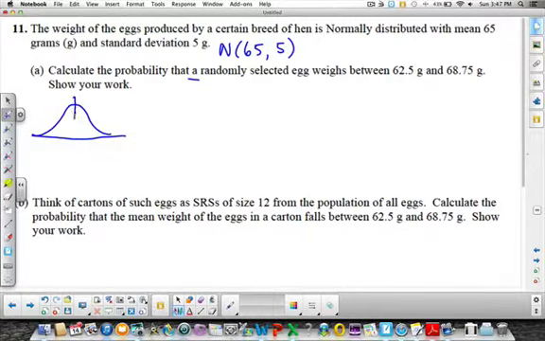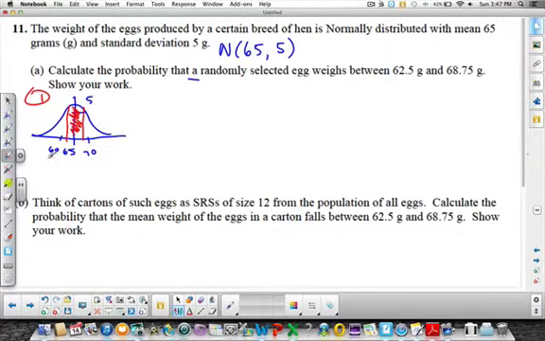The mean is 65 and the standard deviation is 5, so this would be 70, here would be 60, and what I'm looking for is the probability that a single egg weighs between 62.5, maybe about right here, and 68.75. So something less than 1 standard deviation away from the mean, both below and above. I wanted to see a picture like this where you were drawing and shading in the correct area.